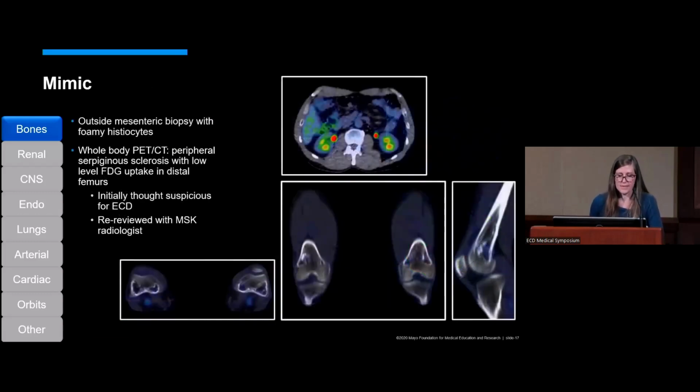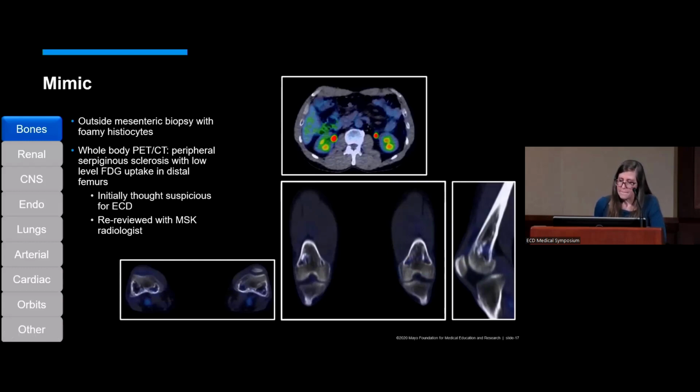And then our last osseous mimic: this patient had an outside mesenteric biopsy that they said showed some foamy histiocytes, so they were suspicious for Erdheim-Chester disease. They came to us and underwent a PET CT. As you can see in this axial image here, there are small mesenteric lymph nodes and a little bit of ill-defined hazy stranding in the mesentery, but nothing that's very remarkable.